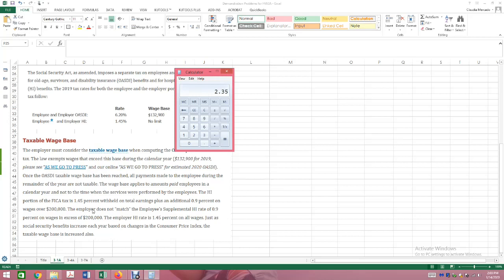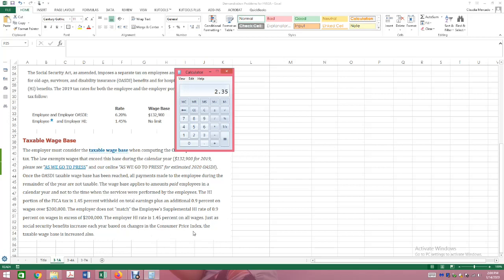The employer does not match the employee's supplemental HI rate of 0.9% on wages in excess of $200,000. So if you make over $200,000, you, the employee, are responsible to pay the higher HI rate of 2.35%. The employer does not have to pay. They're only going to pay 1.45%. So the supplemental tax is only for the employee.